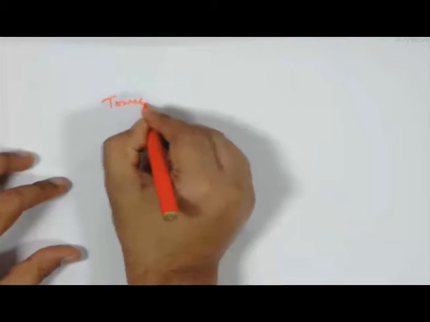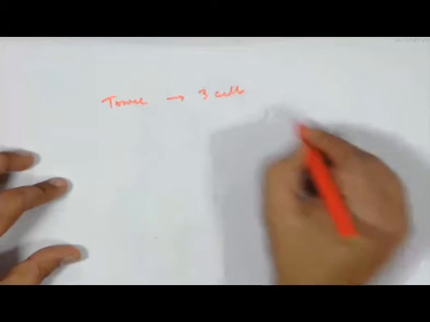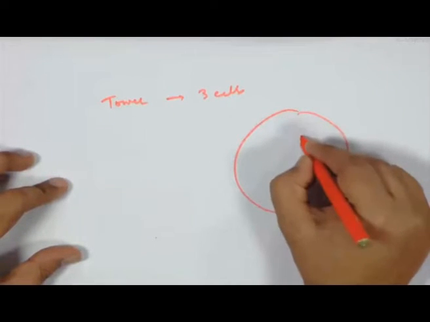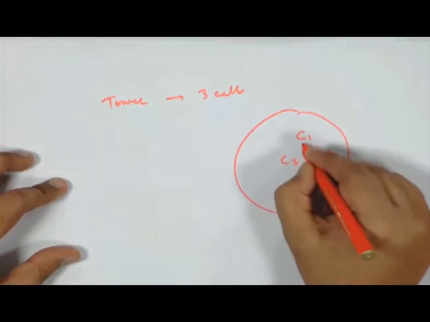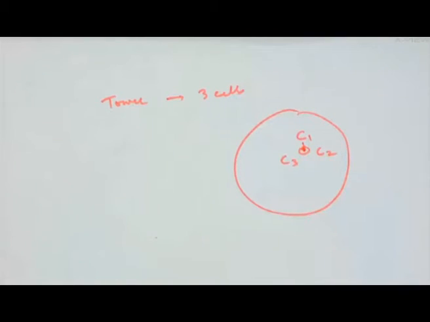This localization is putting cell 1 here, cell 2 here, and cell 3 here, whereas all of them are in the same tower. So this is an interesting thing: the cells which reside in the same tower are not localized in the same point, they are localized in different points.